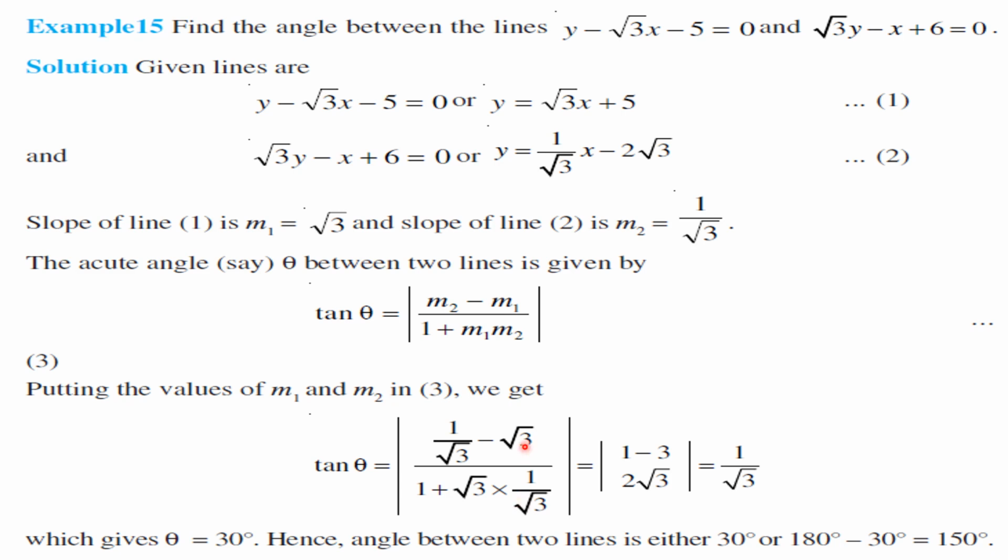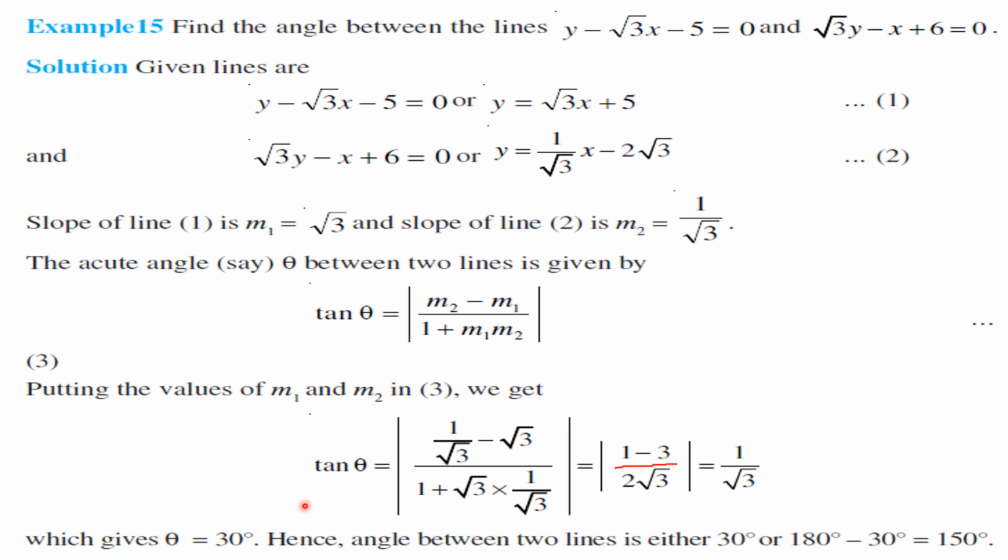Okay, my children. Now let us simplify these numbers. Finally, what will you get here? 1 by root 3. Tan theta is equal to 1 by root 3.